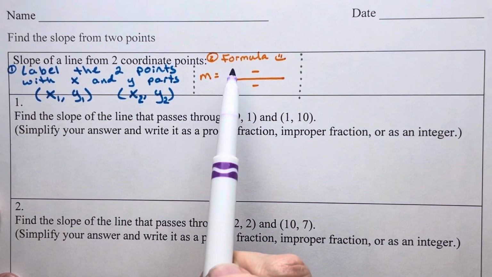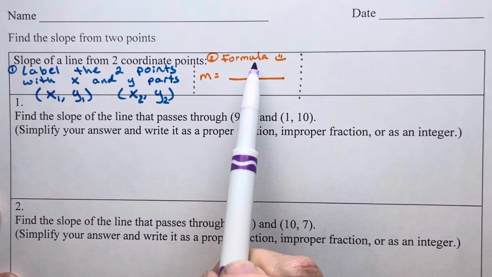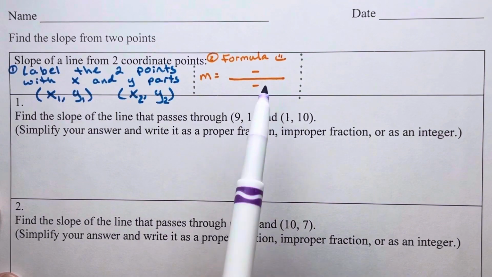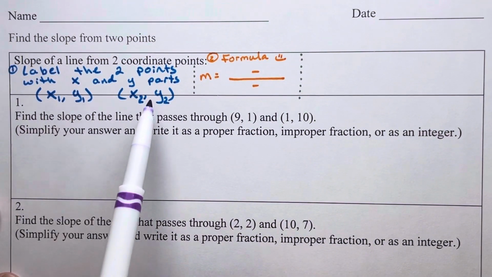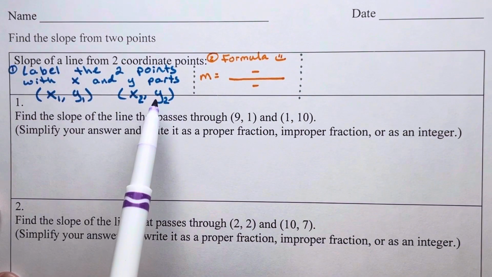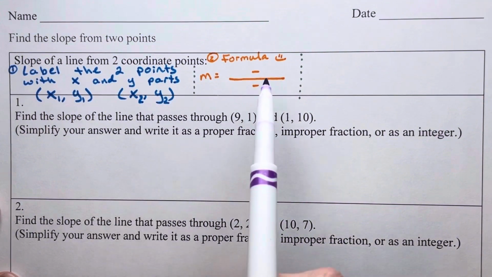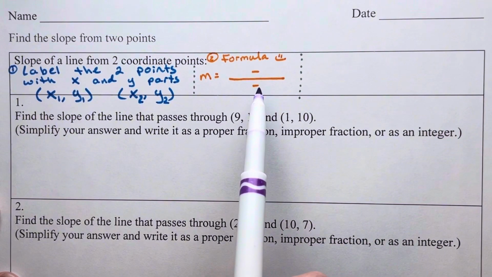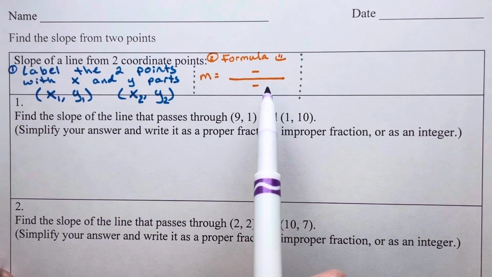The second step is to look at your formula and fill it in using the 2 coordinate points that you were given. It is very important that you fill in this formula correctly. You have to put the appropriate numbers where they go. So we're filling in the blanks, but we need to know where they go.